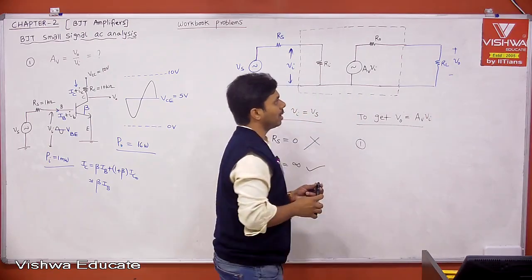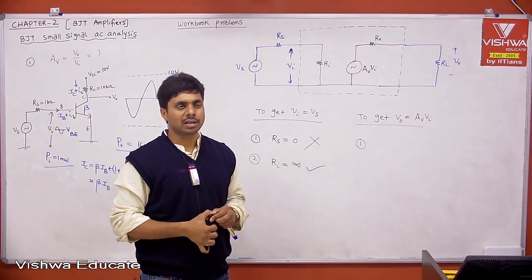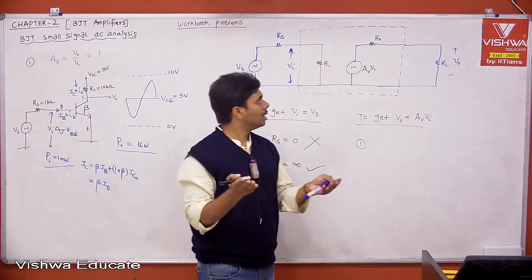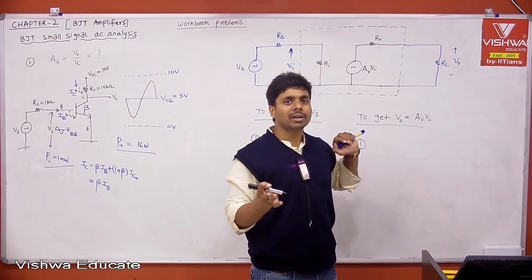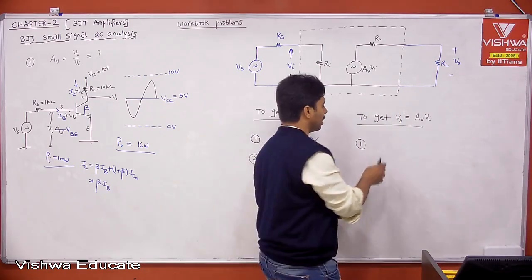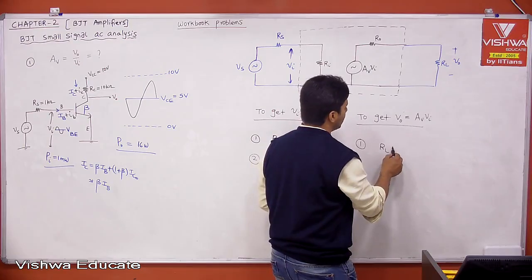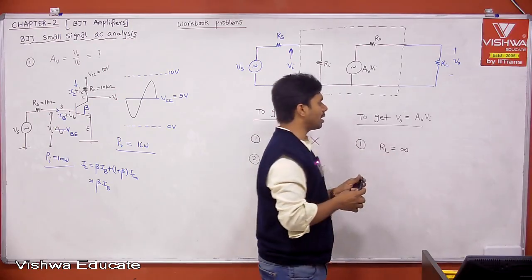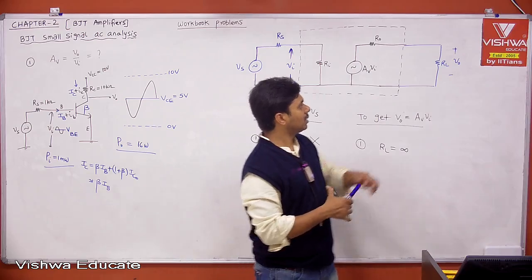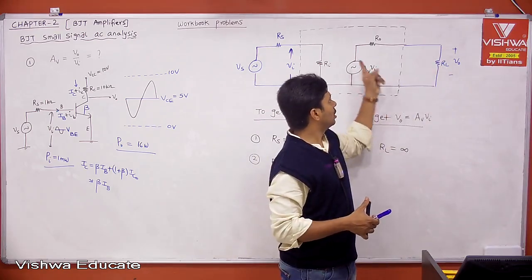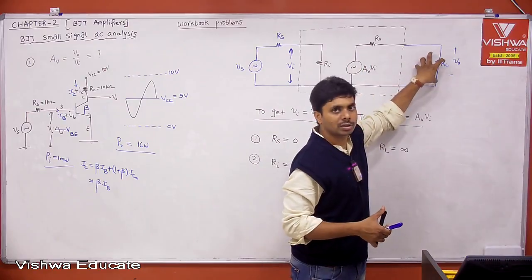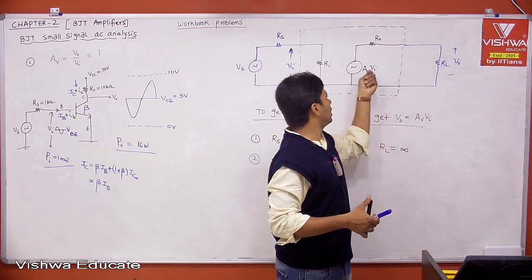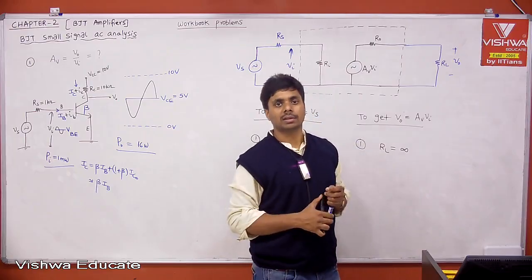Number one, let us say there are again two design engineers. Design engineer 1 is saying that my amplifier will give you maximum gain when RL is infinity. What do you mean by RL is infinity? When RL is infinity, it is open circuit, there is no current, there is no drop across R0, the entire source voltage will come to your output. Therefore, you are getting V0 equal to AV into Vi. You will get maximum gain, right?